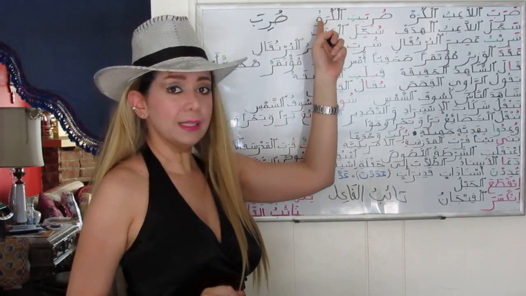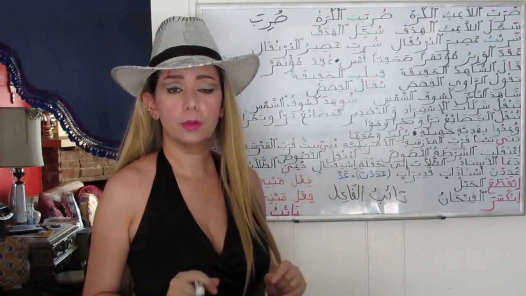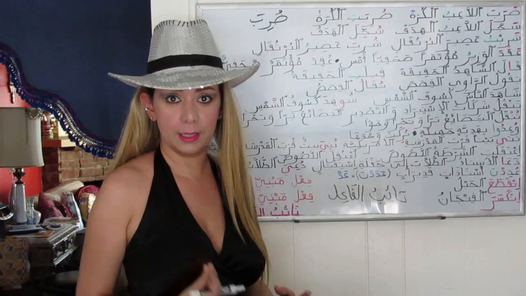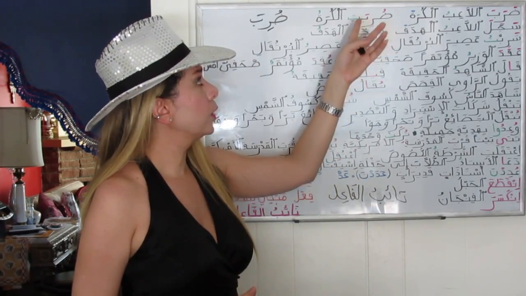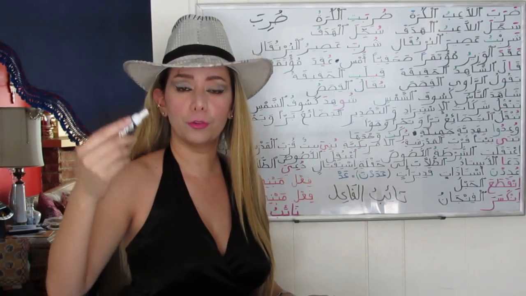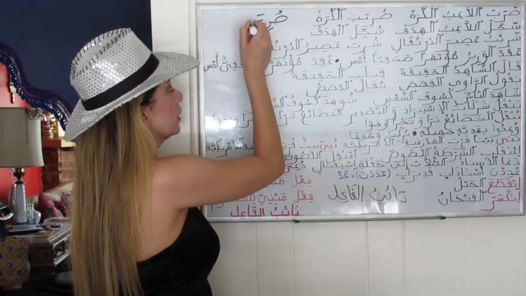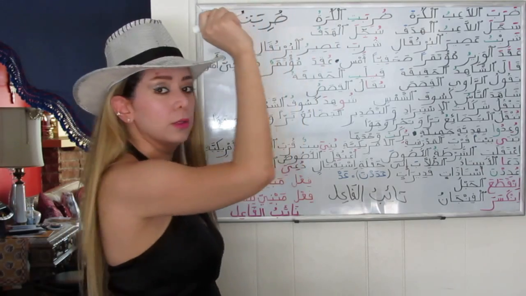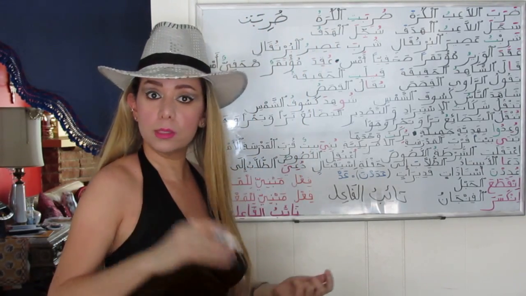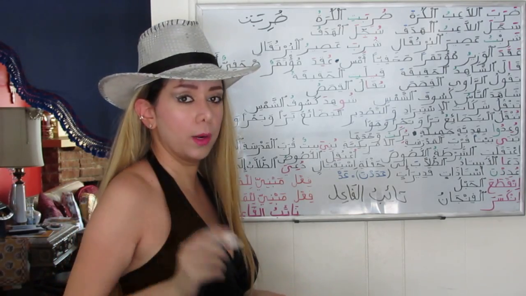So this subject has to match the verb in number and gender. And since al-Kura is feminine singular, so the verb will be conjugated in the third person singular feminine passive voice. So we will add the ta, referring to al-Kura. Duribat al-Kuratu. The ball was hit. Alright? But we don't know by who. By someone. A coward one.